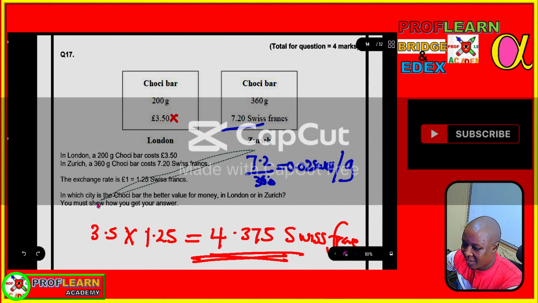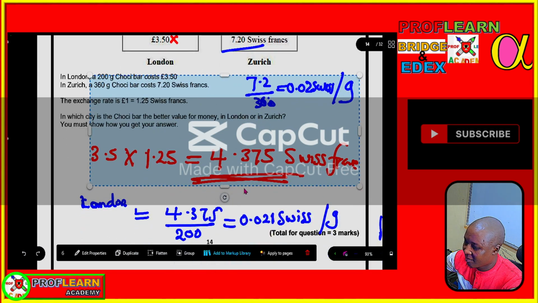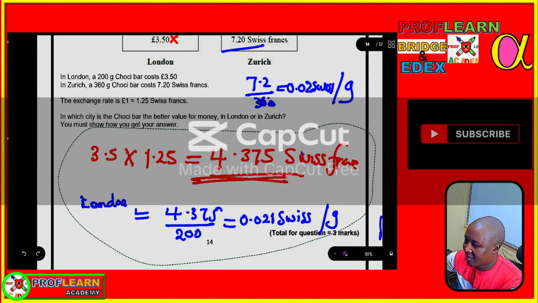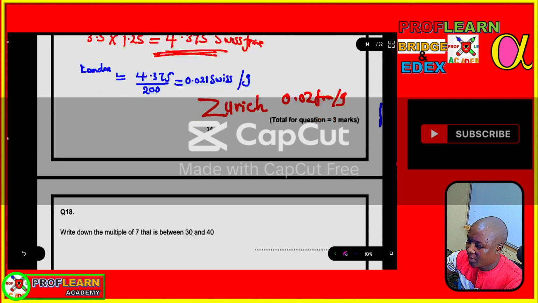So Zurich has a better value for the money, because in Zurich it costs 0.02 francs per gram. And so that's basically what we're going to do there.